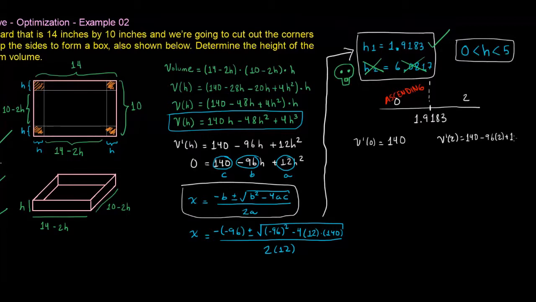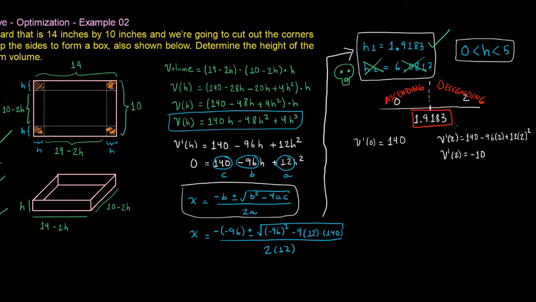Well, this is the result of b prime of 2, which I'll just sign out. It is going to be equal to negative 10. So that implies that after this value, the function would be descending.